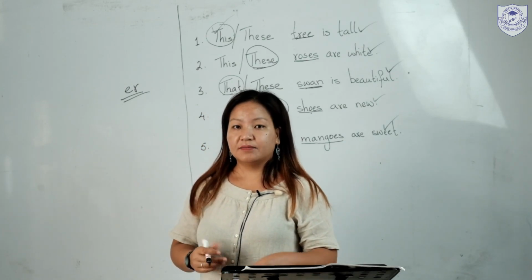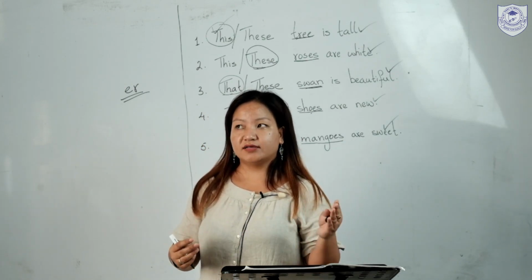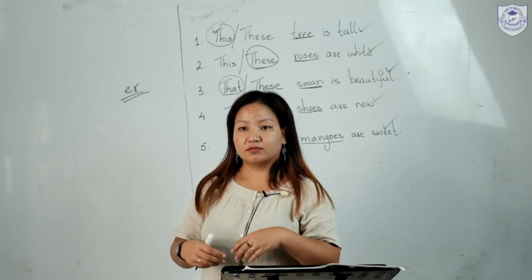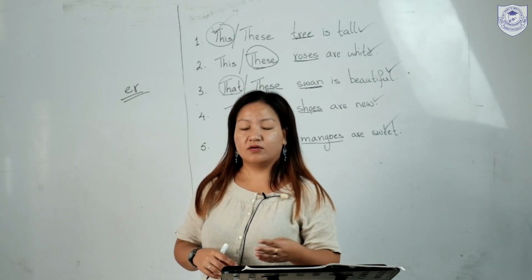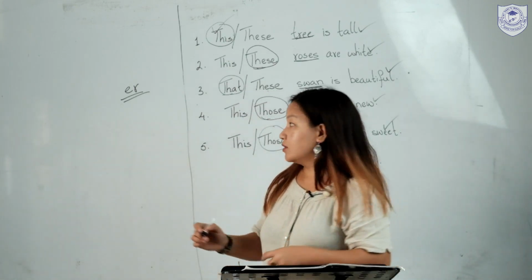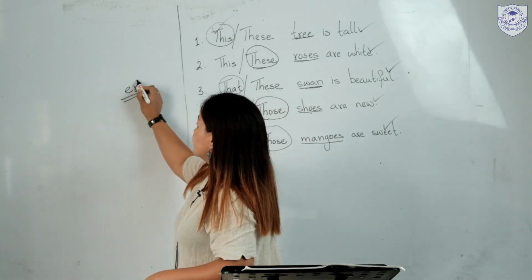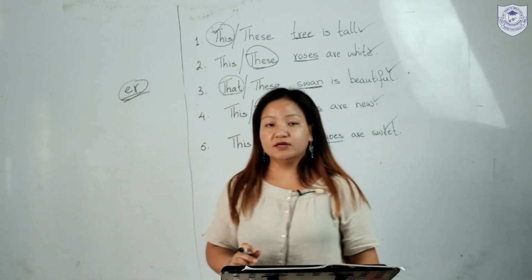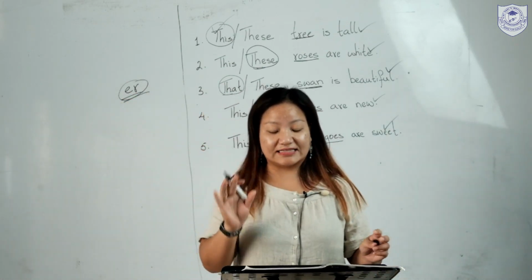So that by reading it, we understand that one is smaller or bigger or heavier or thicker or taller, okay? So, always remember that er is added at the last of the adjectives.